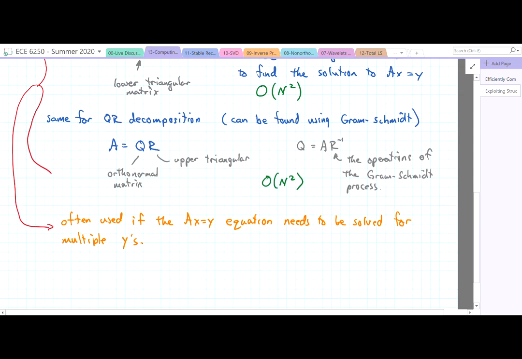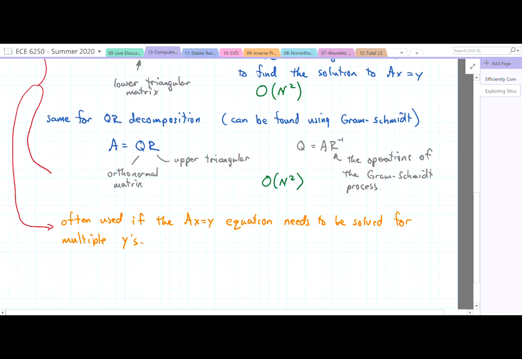So once we've found this decomposition of A, we can apply this to any number of observations that we have. We use it over and over and get order of n squared, and we only pay the decomposition price once.